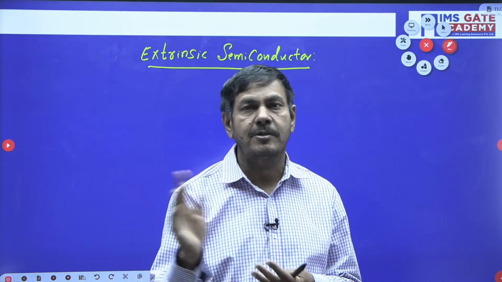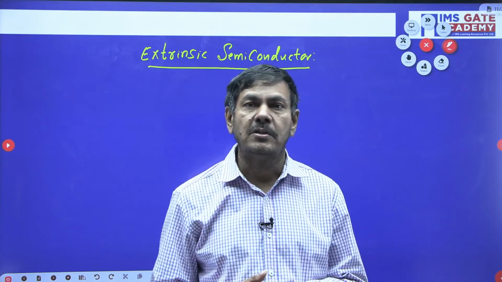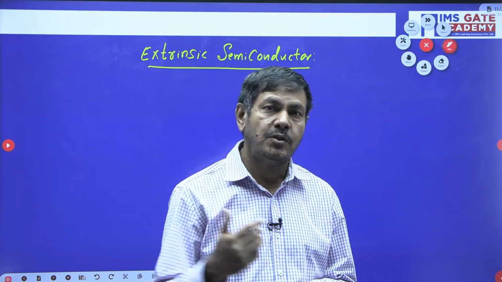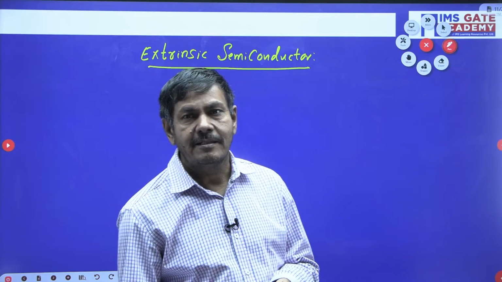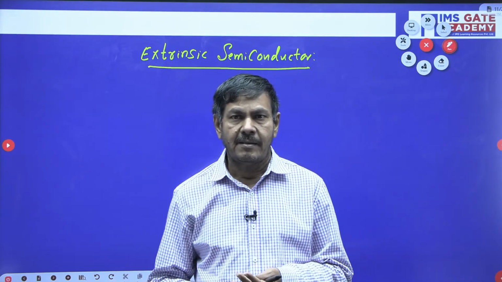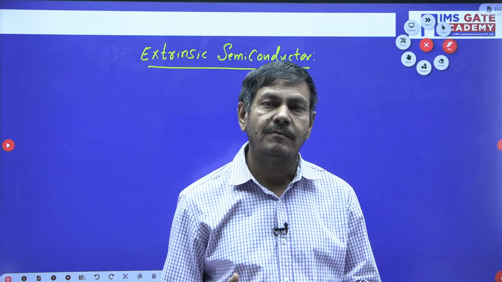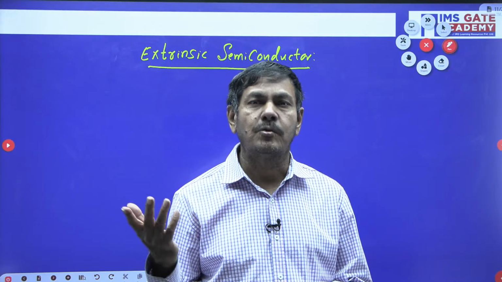Conductivity will not be possible more. If you want to increase the conductivity, you should dope impurity along with the intrinsic semiconductor. But the impurity means we are not going to add more. Very small concentration of impurity is doped.